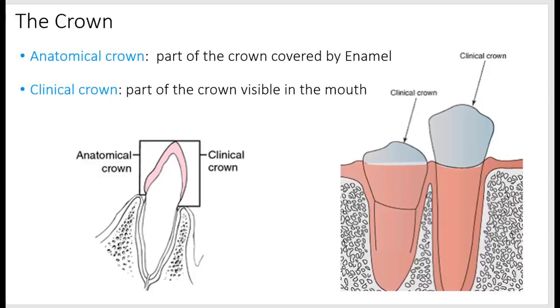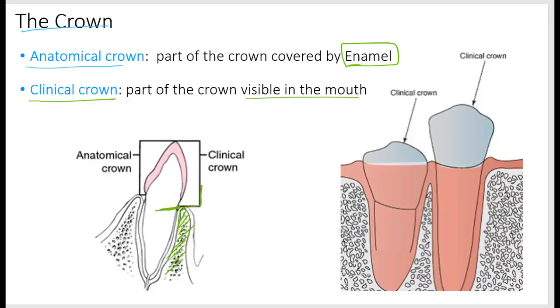We talked about the crown, and we said that the anatomical crown is the part of the crown that is covered by enamel. We have another term, which is the clinical crown, and that is the part that is visible in the mouth. So this picture really shows it. Let's say this is a patient that has some bone resorption, so part of the root is actually appearing in the mouth.